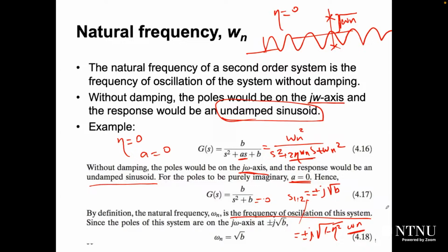Sorry, omega n will be the square root of P. Omega n will be the square root of P.